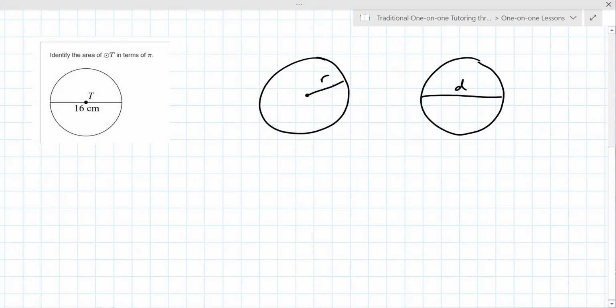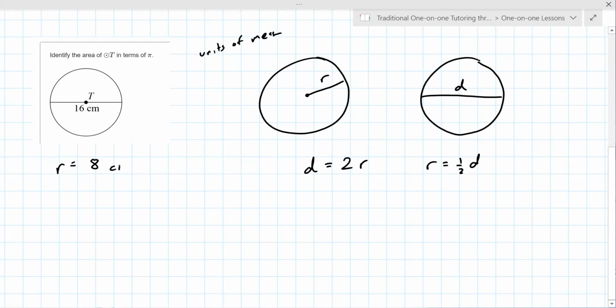Okay, so how are the radius and the diameter related? Do you remember? They're related because the radius is only half the diameter. Very good. So in this case, what is the radius? The radius here is 8. And what are the units that go along with it? Units means units of measure.